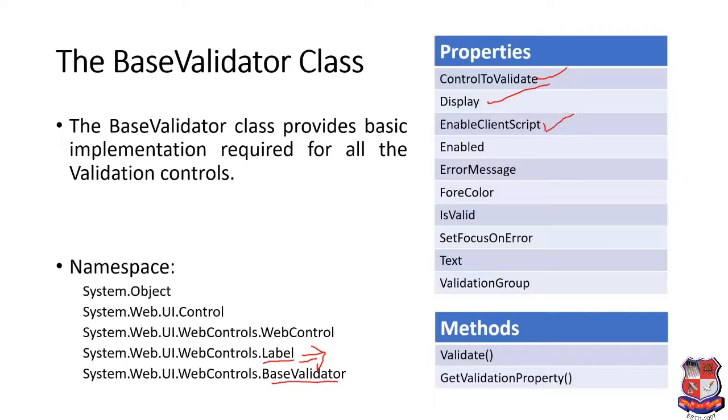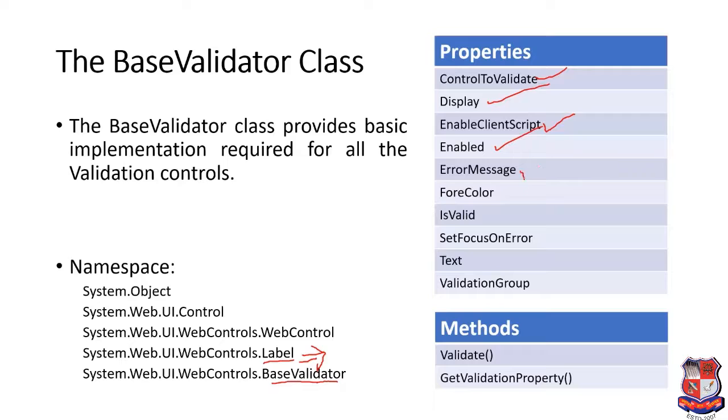Next is EnableClientScript. It is used to handle a value indicating whether client side validation is enabled or not. Next is Enabled. It is used to handle a value that indicates whether the validation control is enabled or not.